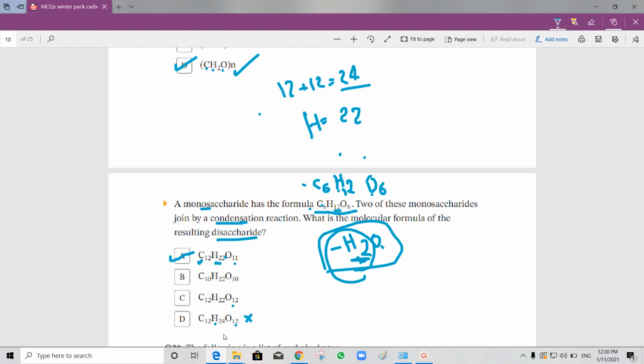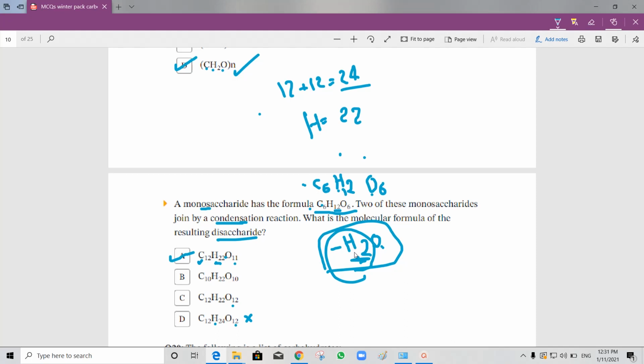But unfortunately, I have to tell you that this is wrong. Don't forget to remove a water molecule. How can I remove a water molecule? Subtract the number of hydrogens. In water, we have 2 hydrogens, right?